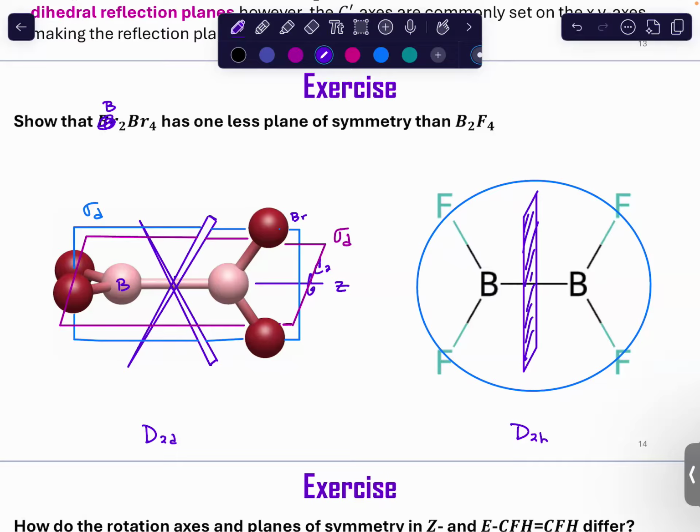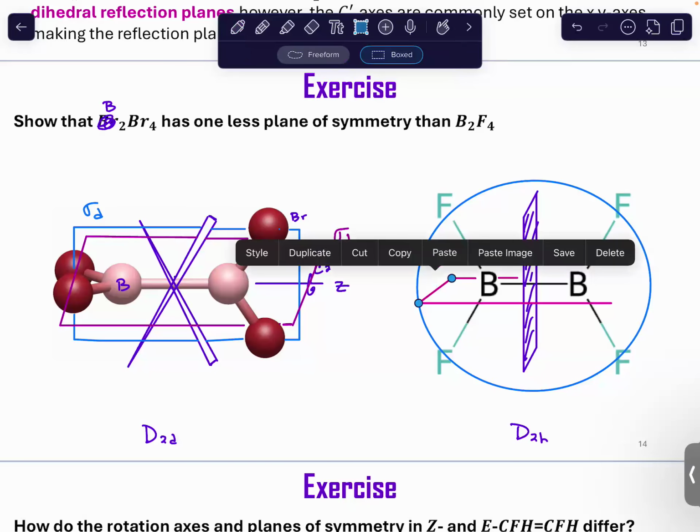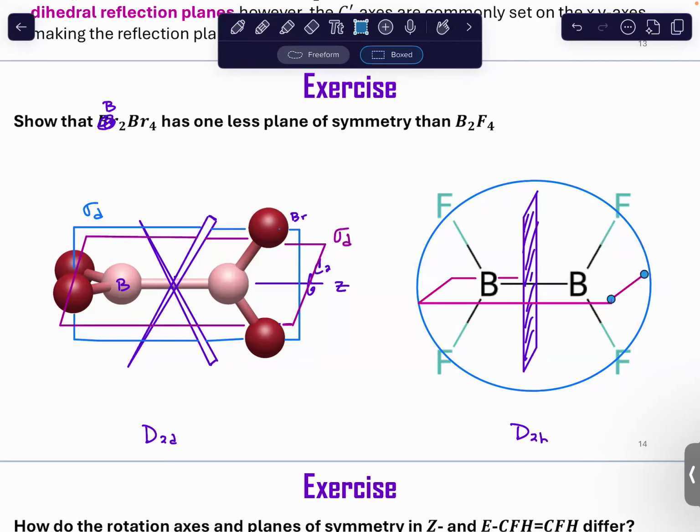And then, like you showed, I'll have one there, which is going to reflect top to bottom, bottom to top.